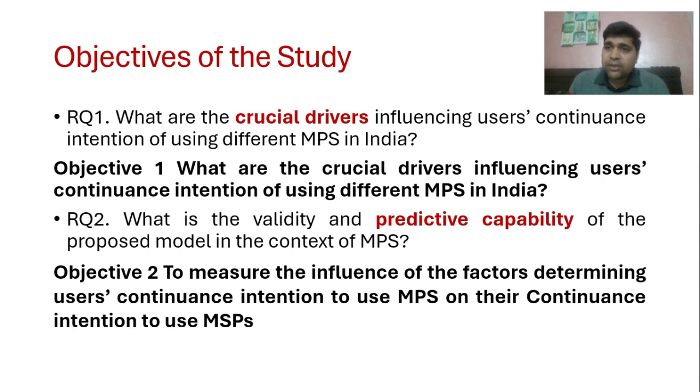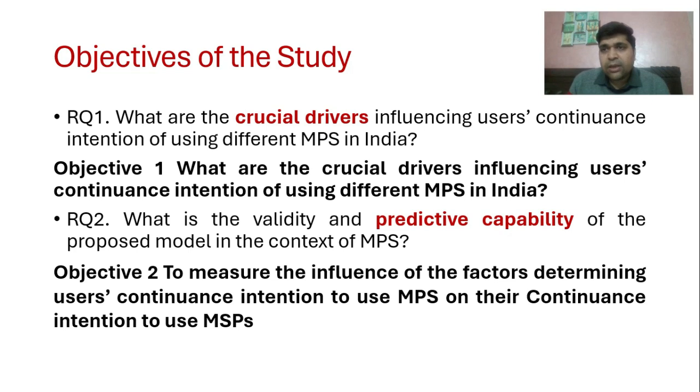Crucial drivers I am finding, but I'm not establishing the causal relationship. I'm establishing the causal relationship in research question 2, where I am measuring the predictive capability of the proposed model in the context of MSP.